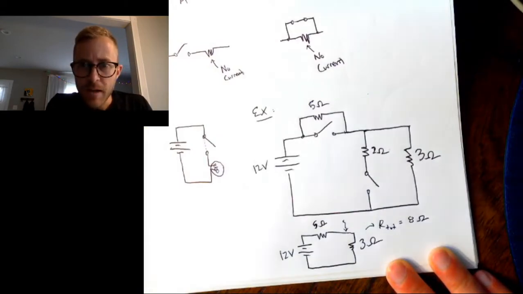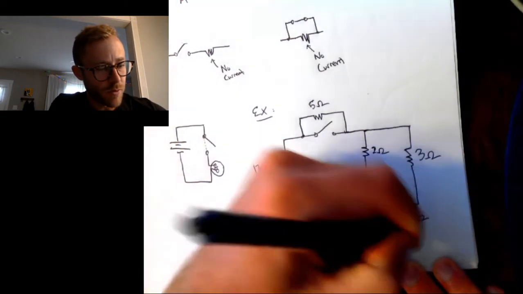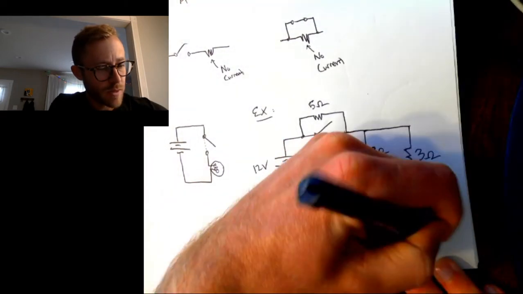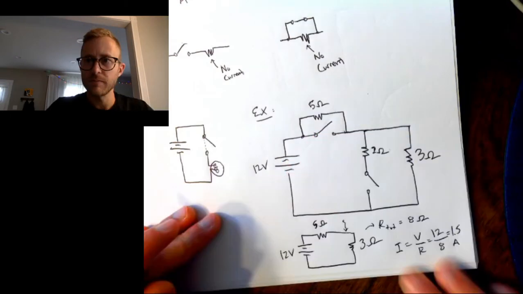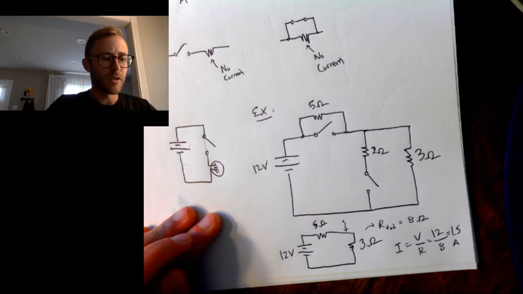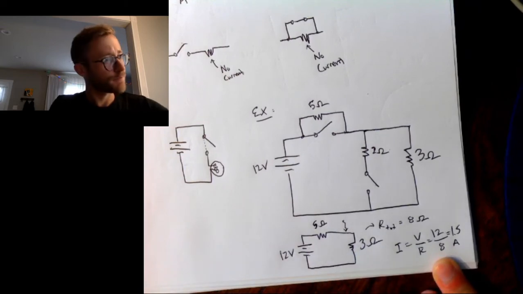Okay, and so that means that the current that flows would be V over R. It would be 12 over 8. So that would be 1.5 amps. All right. So that's what the circuit looks like when the switches are open.